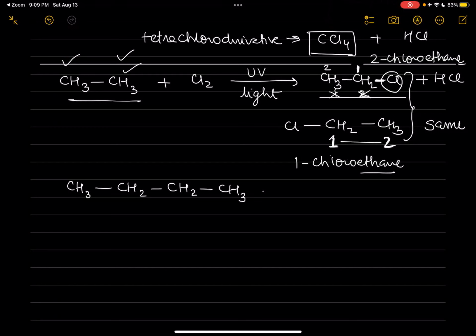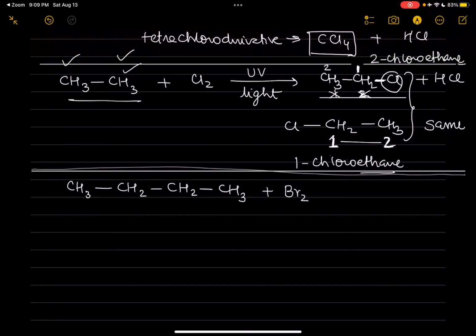And if I ask you to write the number of different mono-bromo derivatives by reacting butane with bromine in the presence of sunlight, you need to write how many mono-bromo derivatives can form. Mono-bromo means you are allowed to put only one bromine. So how many mono-bromo derivatives are possible?